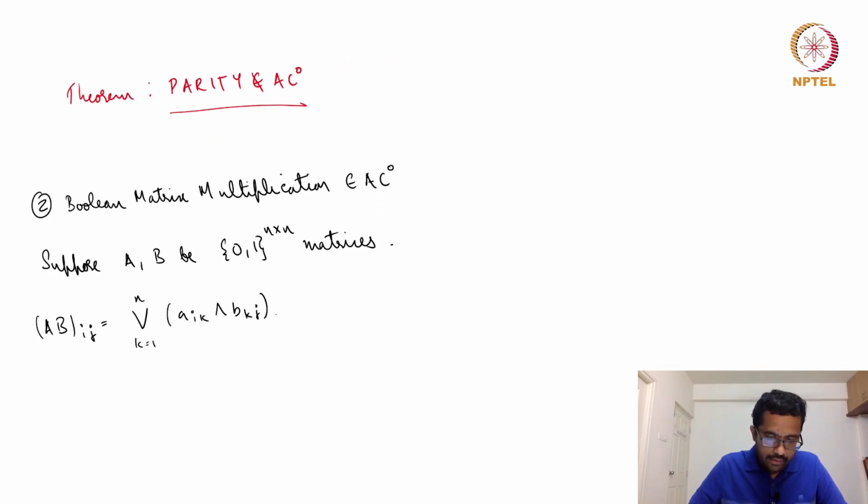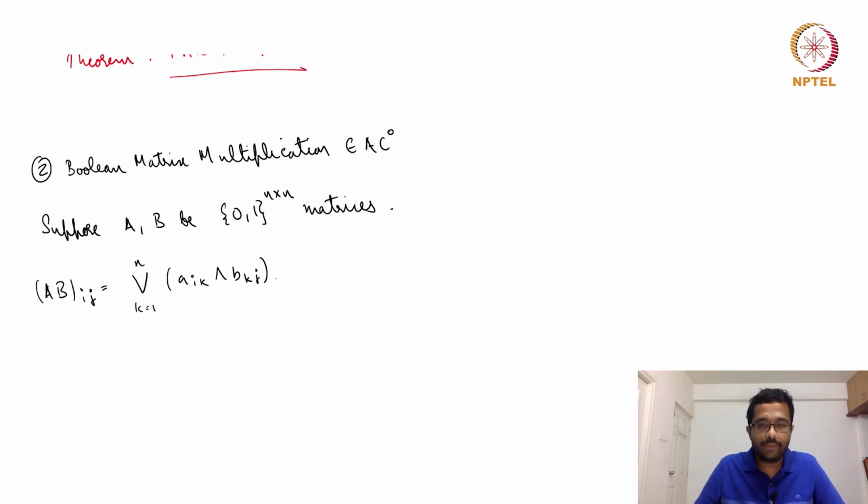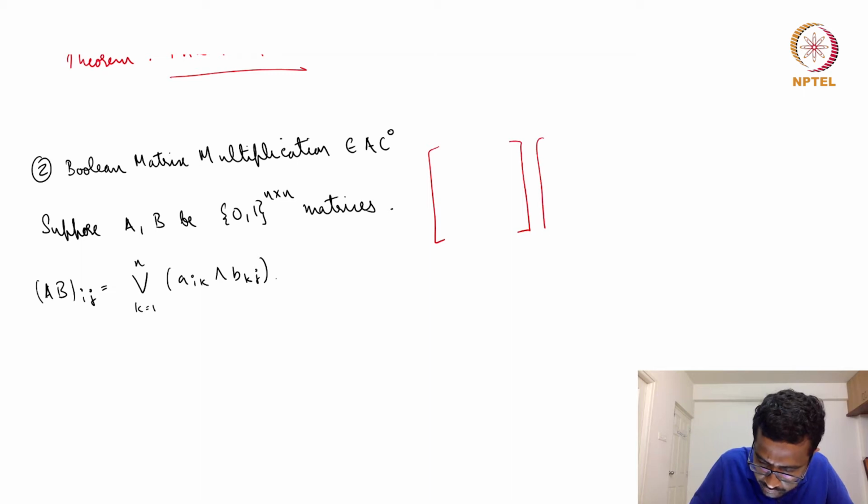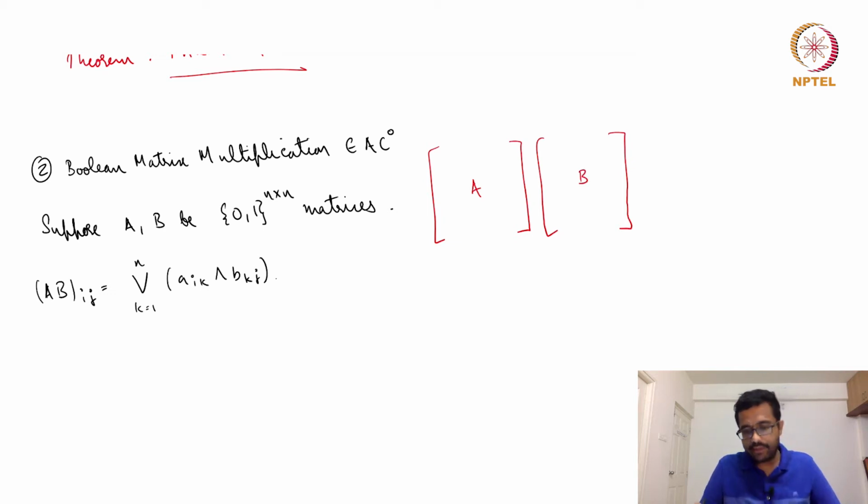Right. The next thing is Boolean matrix multiplication, and this is in AC0. So let us see what is Boolean matrix multiplication and why this is the case. Right. So suppose A and B are 0, 1 matrices. Suppose this is A, suppose this is B, n by n, 0, 1 matrices.